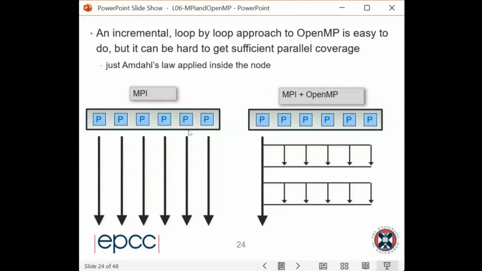So imagine I have a machine with 6 CPU cores on a node. In MPI, I run 1 MPI process per CPU core, and they run all the time. If I decide to do hybrid MPI plus OpenMP, I only run 1. Some people think that the model is that you're running 6 MPI processes, which then become 6 threads. That's not what you do.